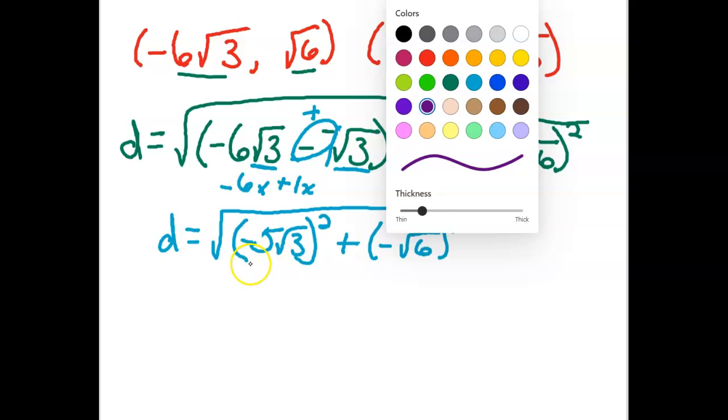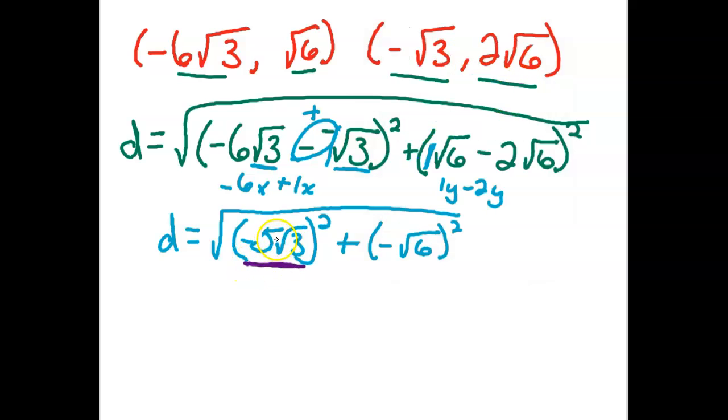Now, as I work with this, these two things are multiplied. So what I have to do is I have to square the negative 5 and I have to square the square root of 3. So you can separate it into negative 5 squared times the square root of 3 squared.